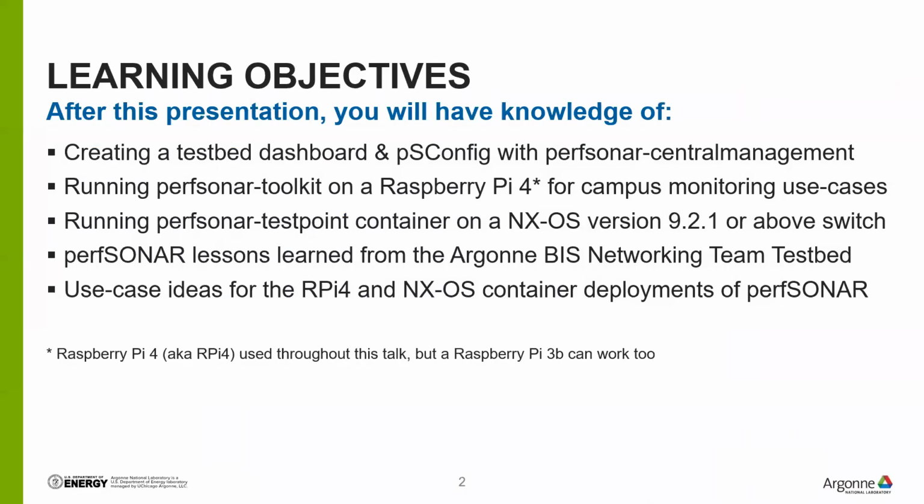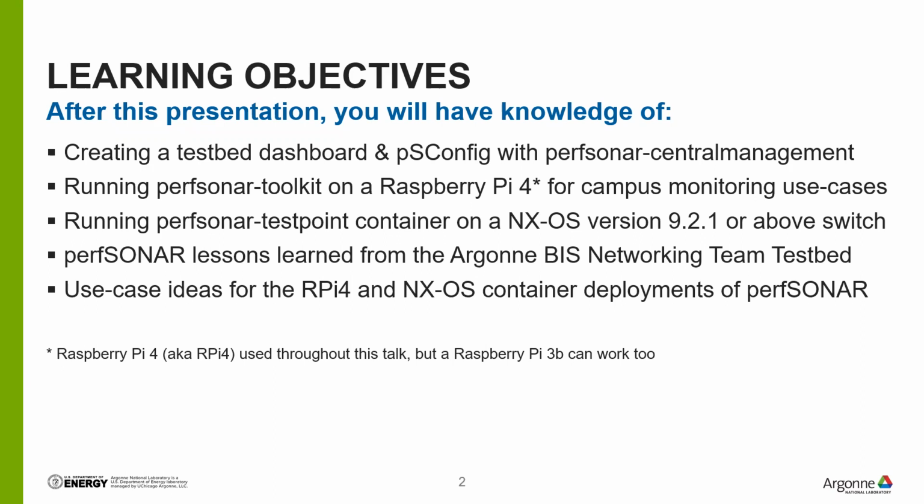So we'll start off with a quick slide about some of the learning objectives. Again, this is a lunch and learn, so I figured I'd quickly summarize what we'll be learning about today. At the very top, a prereq before we get too into running a campus network of perfSONAR nodes, whether it's Raspberry Pis, NX-OS containers, or just plain old perfsonar-toolkit ISOs, either on bare metal or VMs: when you're doing this throughout a campus, you're really going to want that central MaDDash dashboard.